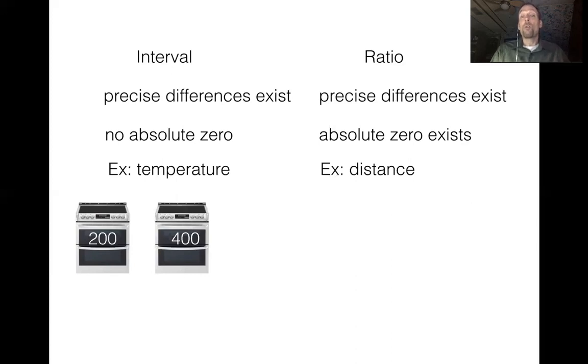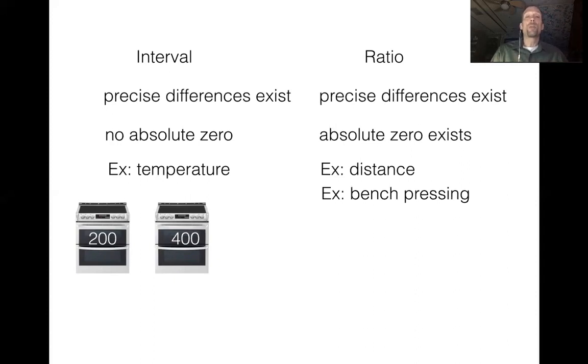And that's also what gives us the ability to literally make ratios out of numbers. If somebody drove 10 miles and another person drove 30 miles, now we're able to say the person who drove 30 miles drove 3 times as far as the person who drove 10 miles. Bench pressing would be another example of ratio level data. If you like to go to the gym, maybe you bench press.